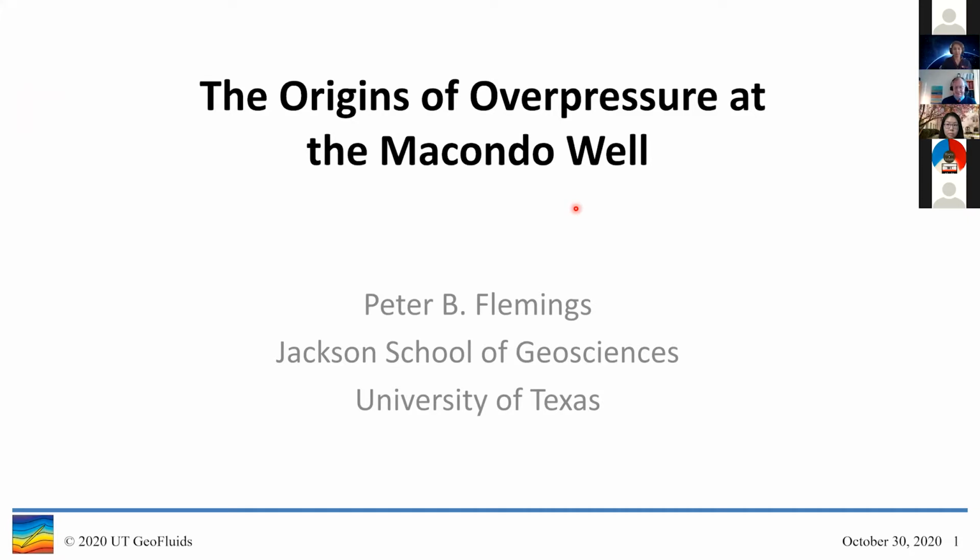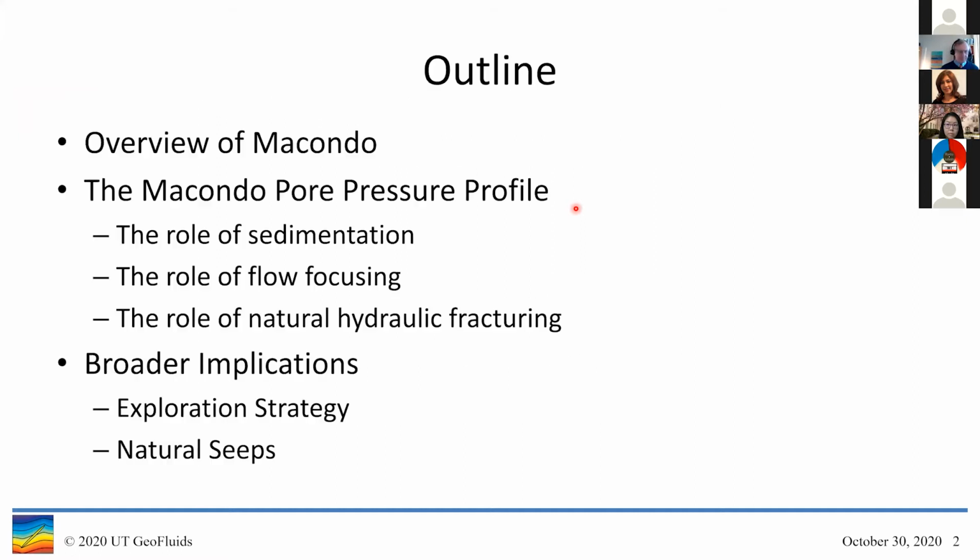Okay, as was said, my name is Peter Flemings, and I'm pleased to introduce you to a talk on the origins of overpressure at the Macondo well. What I'm going to do here is present a very brief discussion of Macondo, and then I'm going to use the pore pressure profile that we observe at Macondo to try to describe three critical processes that control pressure in the subsurface.